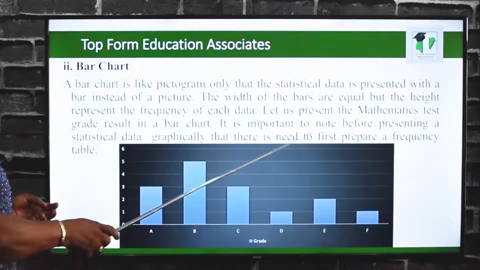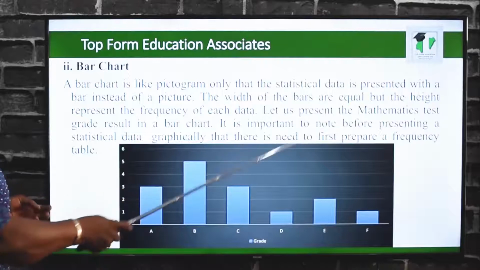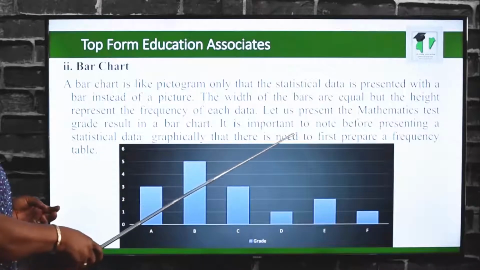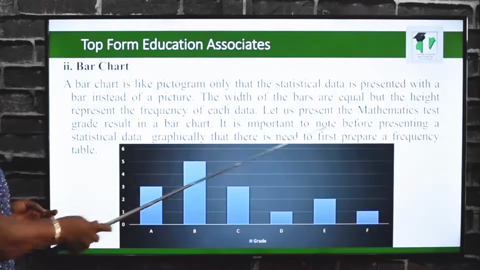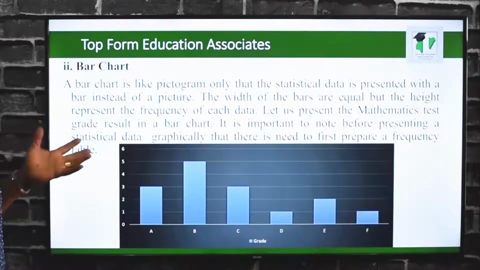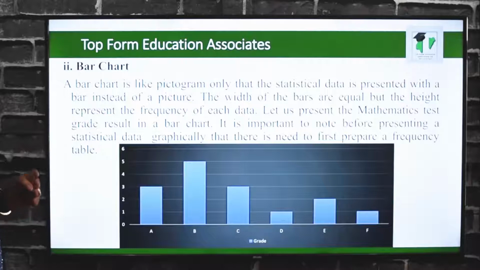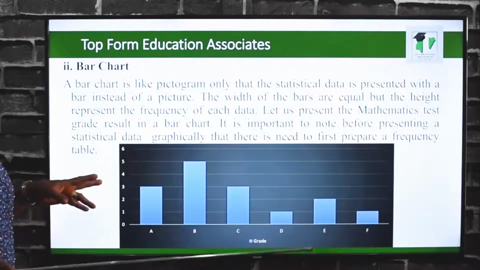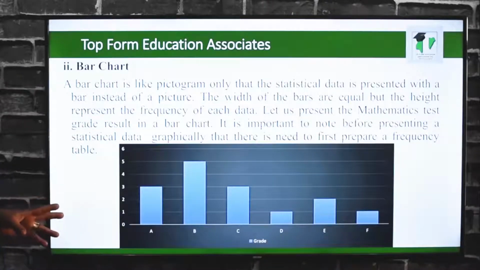It is important to note, before presenting statistical data graphically, that there is need to first prepare a frequency table. We've done the frequency table earlier, but assuming you are not told to make a frequency table, before you go to the graphical presentation, please prepare a frequency table to help you.